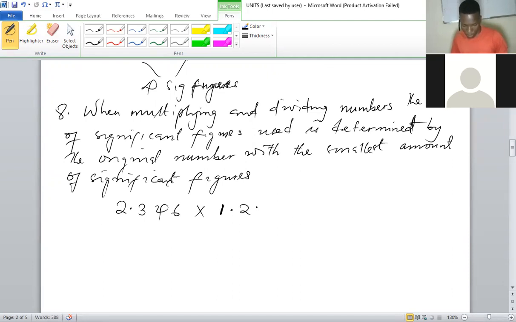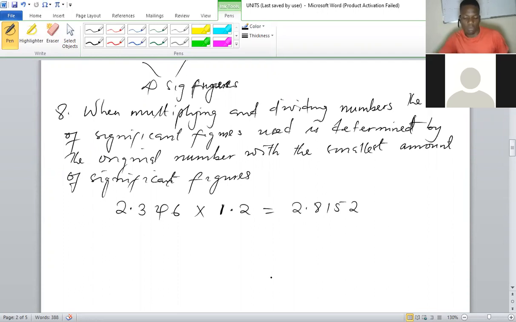So what do we get when we multiply 2.346 times 1.2? We get 2.8152. But if you write it like this as a scientist, then it's very wrong. You have to follow the rules.